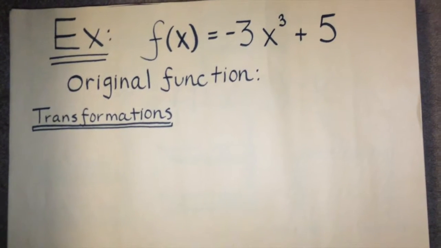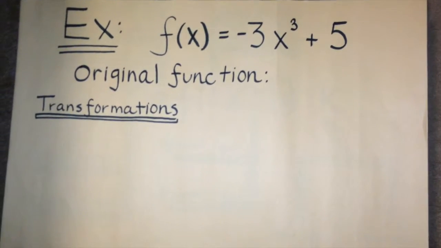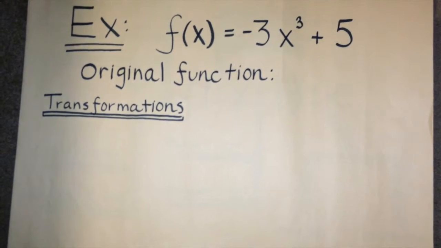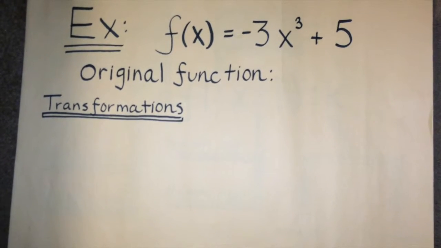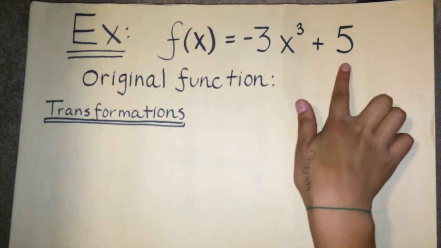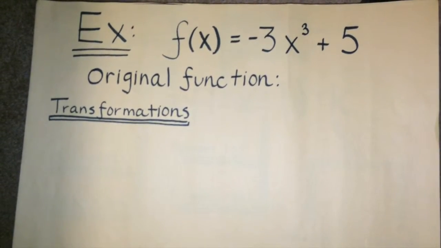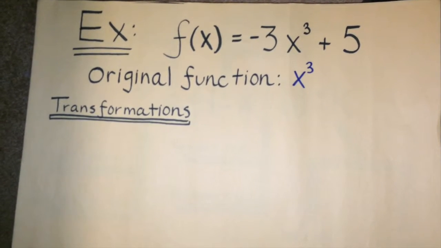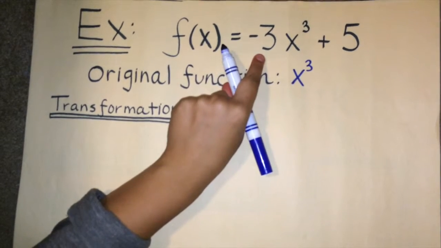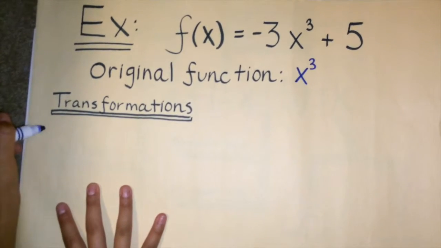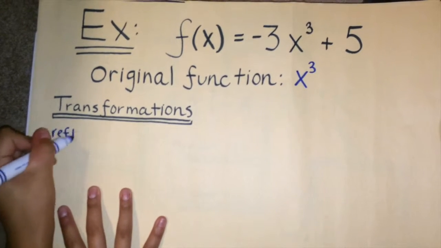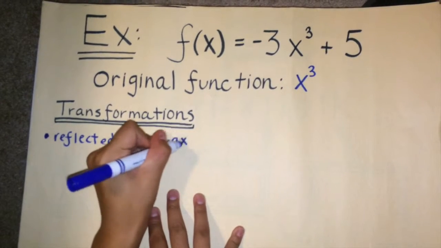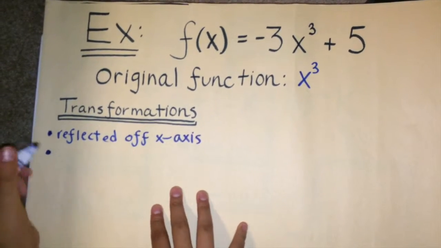Now that we understand how the different parts of an equation can cause certain transformations, let's look at this example of an equation and find the transformation. The function given is f of x equals negative 3x cubed plus 5. So the original function is x cubed. The leading coefficient is negative 3, which tells us that the function is reflected off the x-axis and is also stretched by a factor of 3.